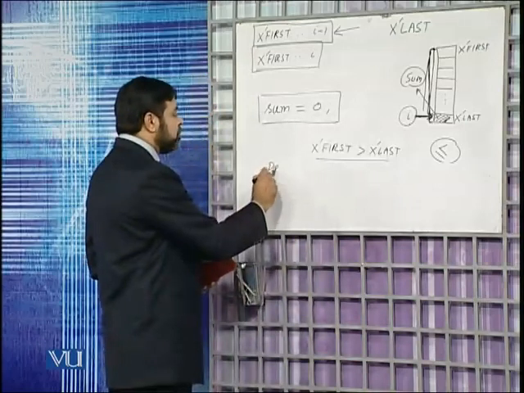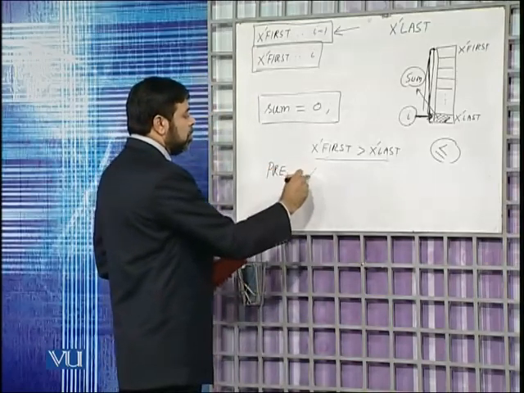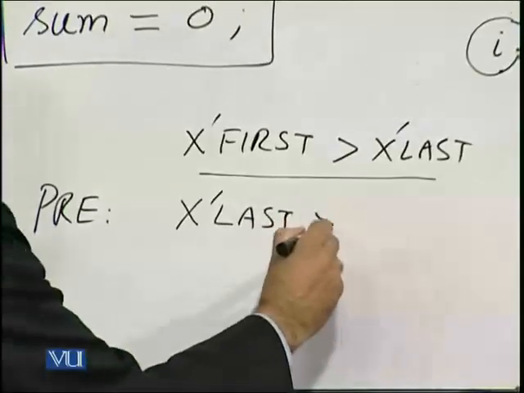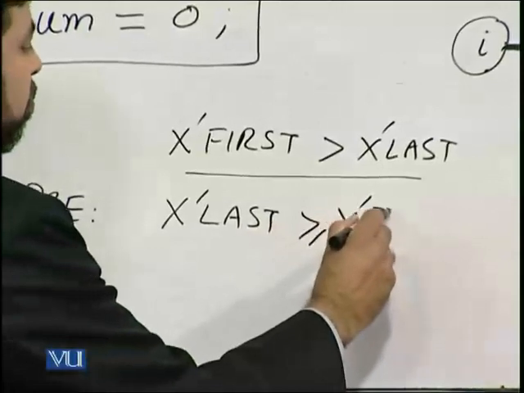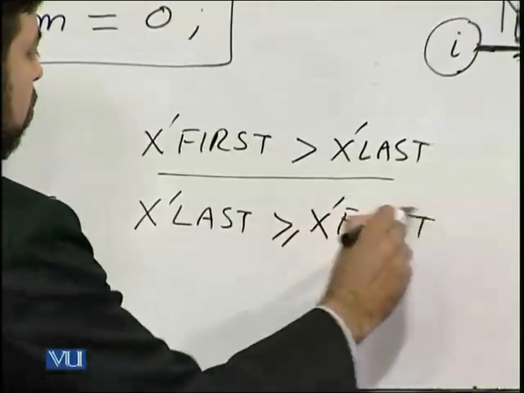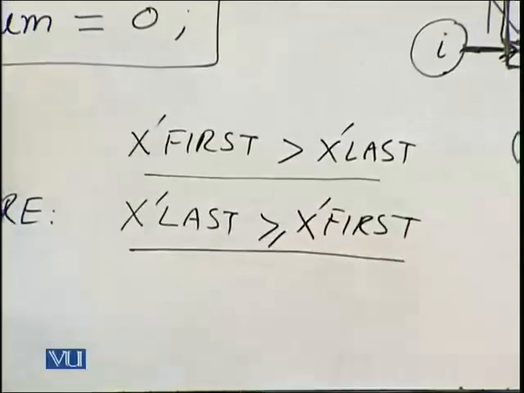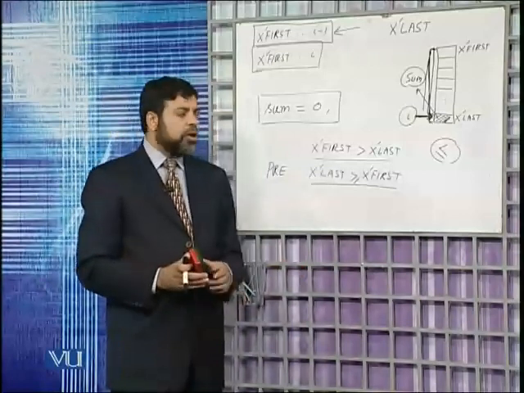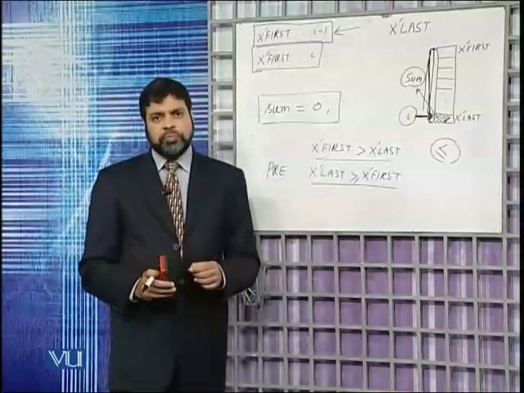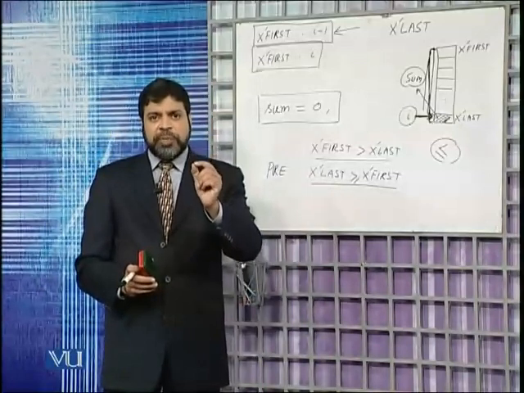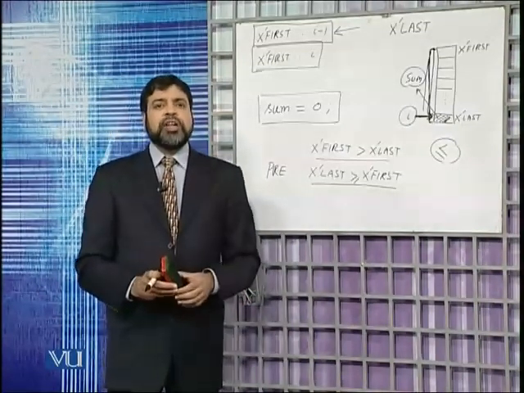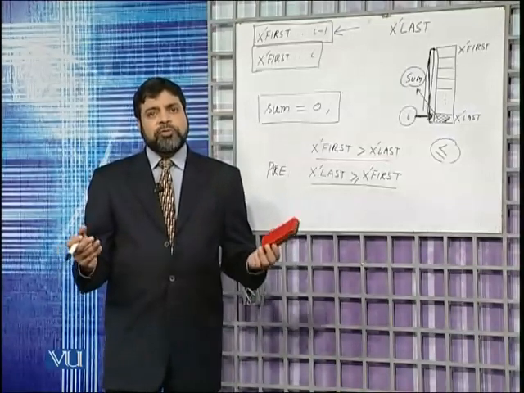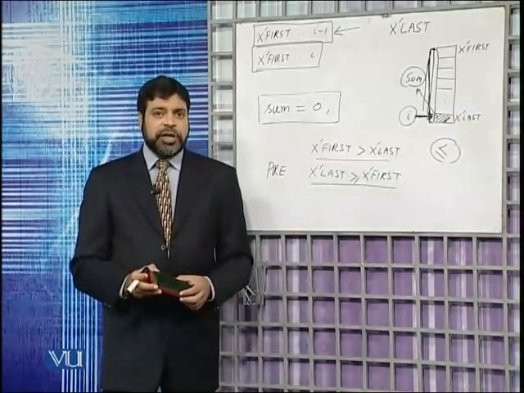The precondition becomes x last is greater than or equal to x first. So what we are saying here is, as long as this condition is true, the value that you will get back in this variable sum will contain the sum of all the elements in that array.